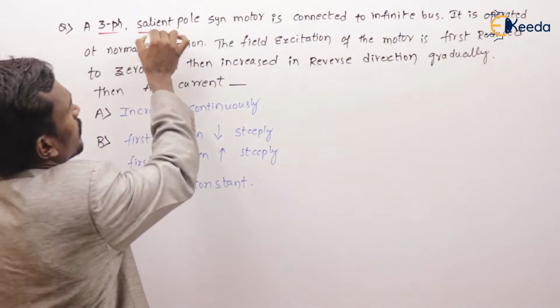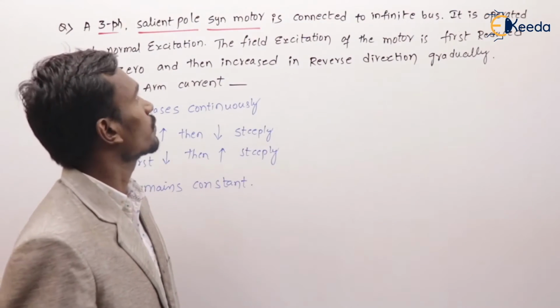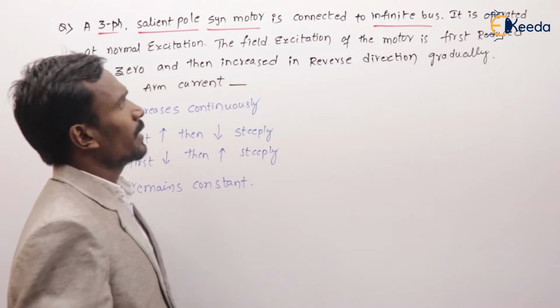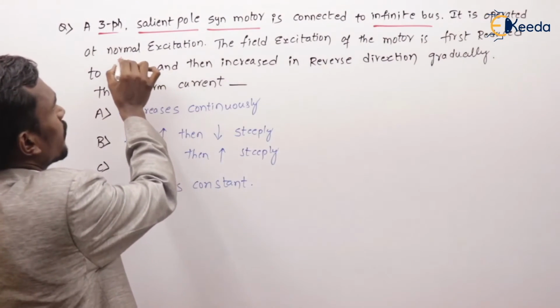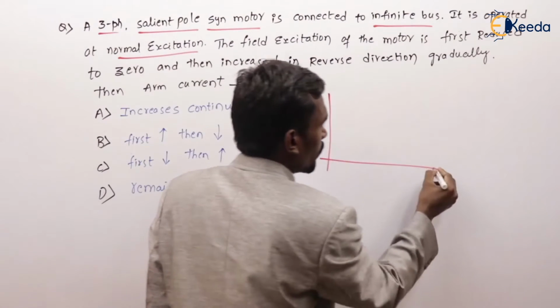Let's see here. A 3-phase salient pole synchronous motor, this is salient pole, connected to an infinite bus, is operated at normal excitation.